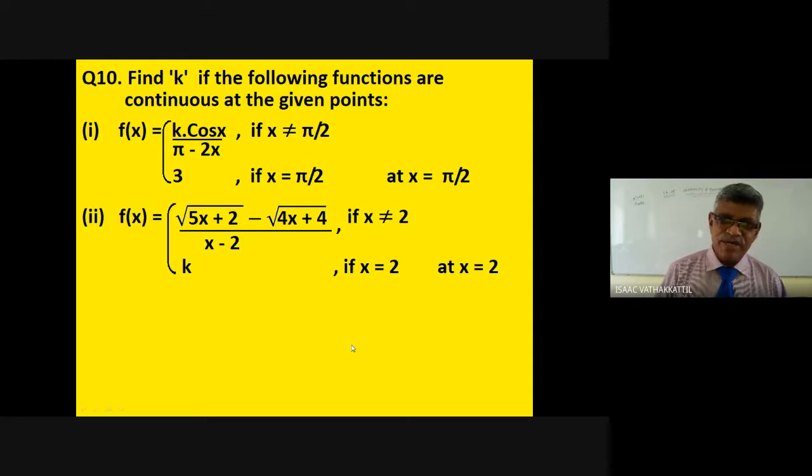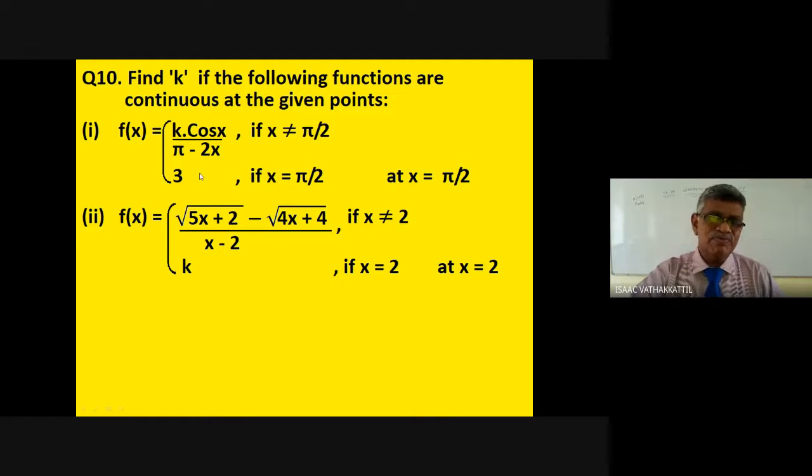How will you make sure that the function is continuous at x equal to pi by 2? If the limit as x tends to pi by 2 of f(x) equals f of pi by 2. f of pi by 2 is given here as 3.